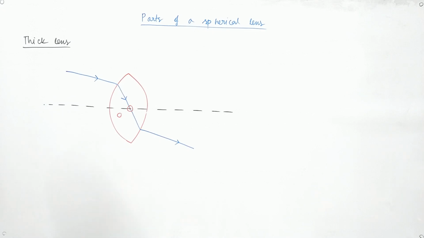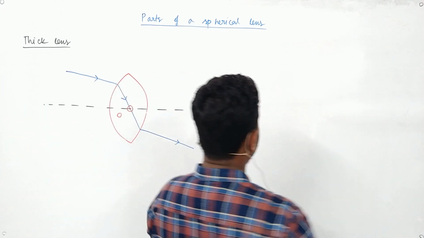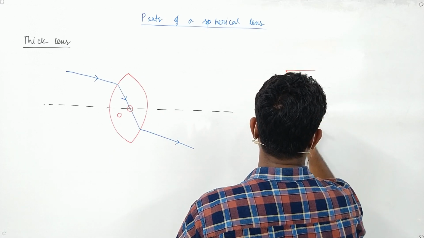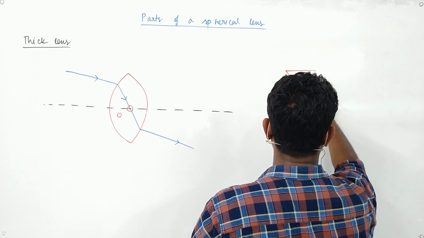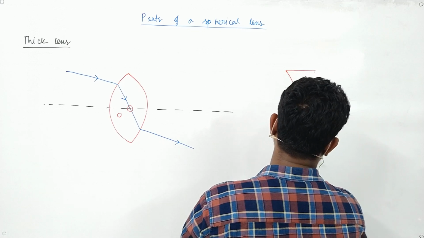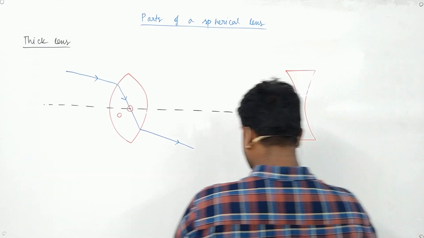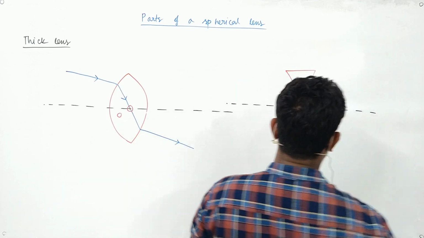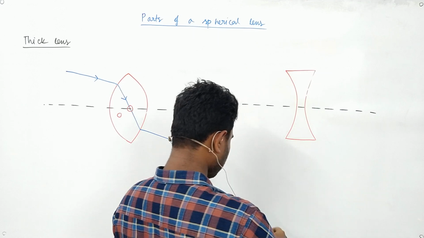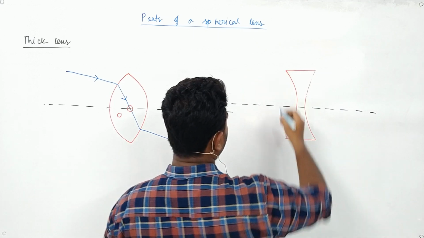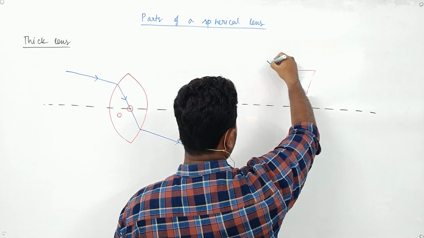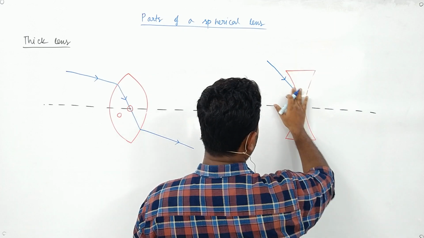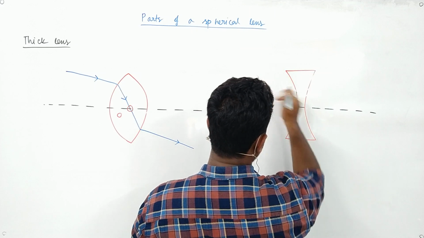Okay, suppose I take another example. If I have a ray of light like this, let me draw it more oblique.